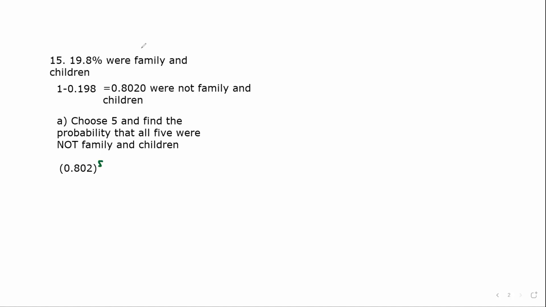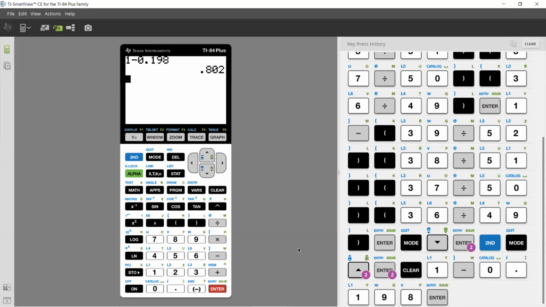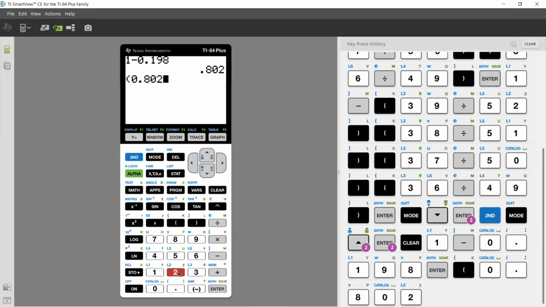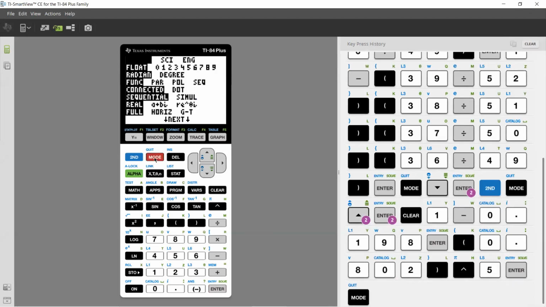So here, this is going to give us 0.802, and we're going to raise it to the 5th. And if I put this back on 4 decimal places, right?